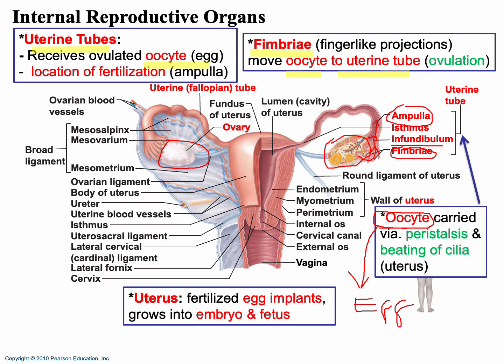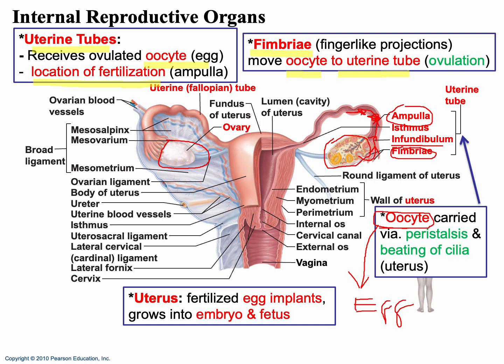This is typically the area where fertilization occurs, where the sperm will encounter the egg. So maybe the egg is right here, and you have a little sperm right here, and bam, fertilization right there. Typically that's where it occurs. Not all the time, but most times.